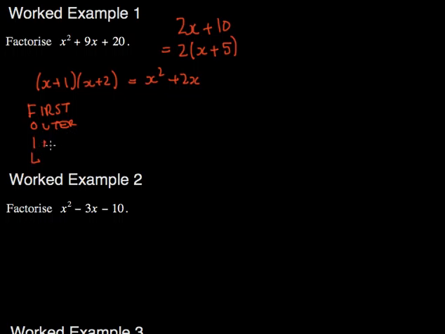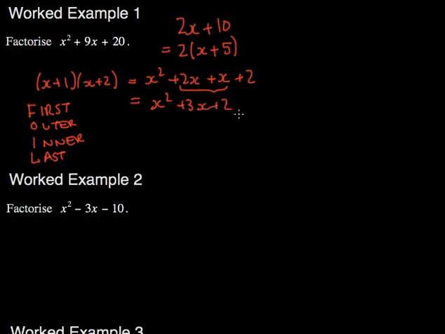The I stands for inner, which is the plus 1 times the x. And then finally it's the last two terms, which is the 1 and the 2 multiplied together to give me 2. I could combine these two terms together to make 3x plus 2.